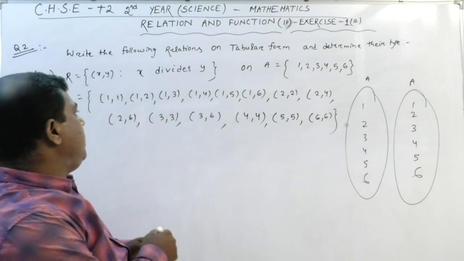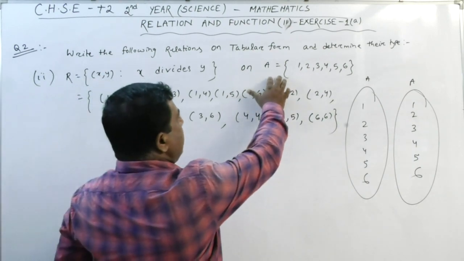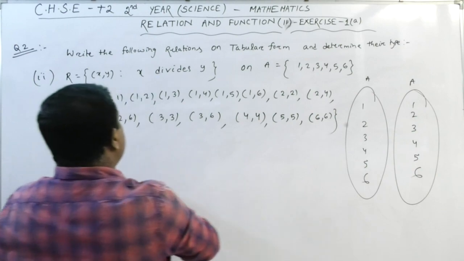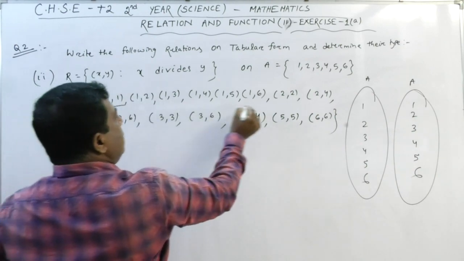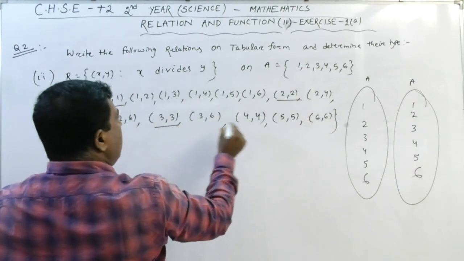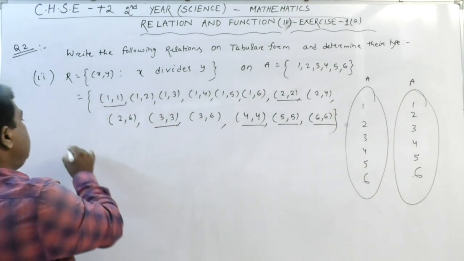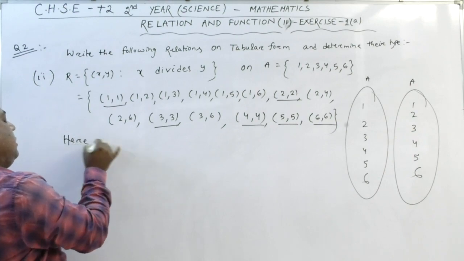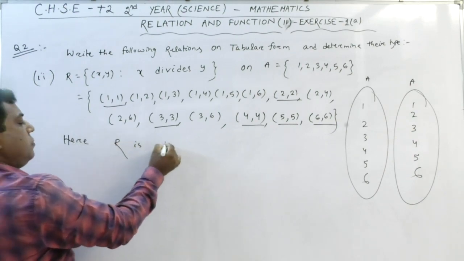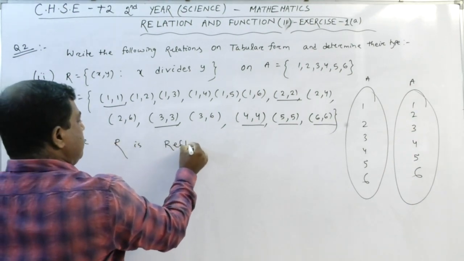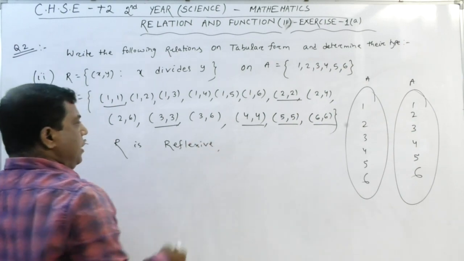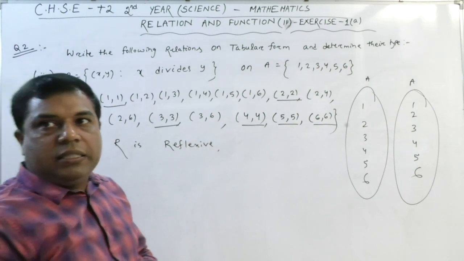In reflexive you see here set A contains 1, 2, 3, 4, 5, 6. You see the ordered pairs (1,1), (2,2), (3,3), (4,4), (5,5), (6,6) are present. So here I can say R is reflexive. Clearly everybody can imagine that it is reflexive in nature.